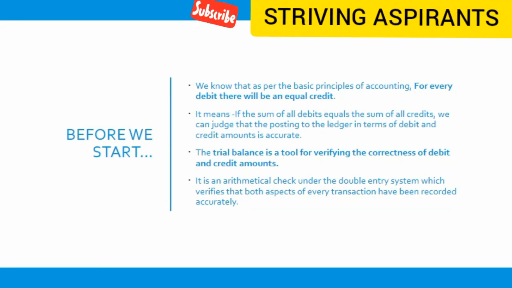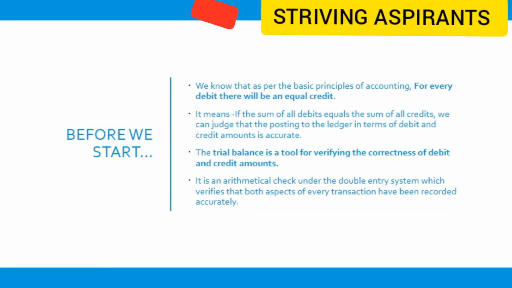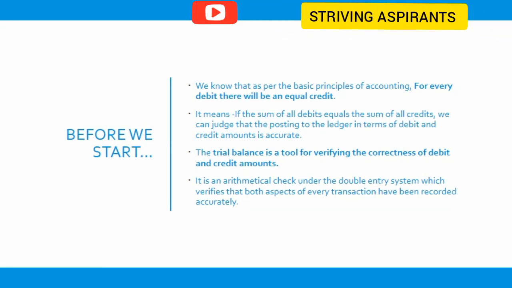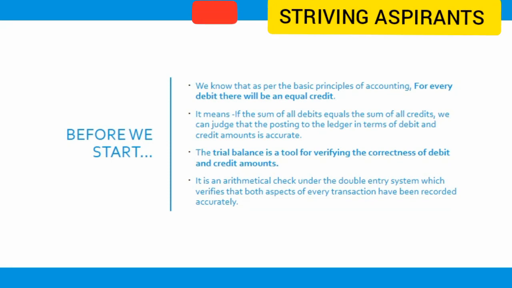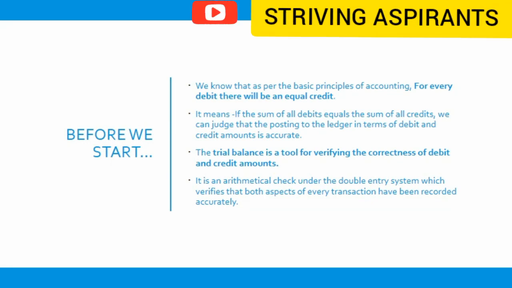It means if the sum of all debits equals the sum of all credits, we can judge that posting to the ledger in terms of debit and credit amount is accurate. Which also means that trial balance is a tool for verifying the correctness of debit and credit amounts.